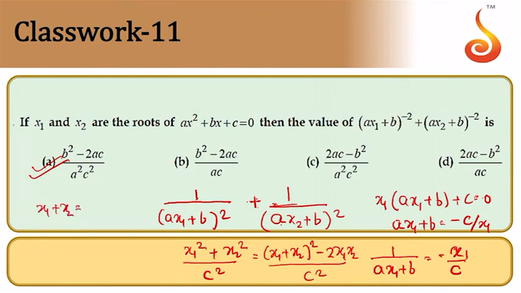So automatically option A will be correct. So b square minus 2ac by a square c square will come. x1 plus x2 we know. Sum of roots is equal to minus b by a, and product of roots is equal to c by a. Using that result, we get b square minus 2ac by a square c square.